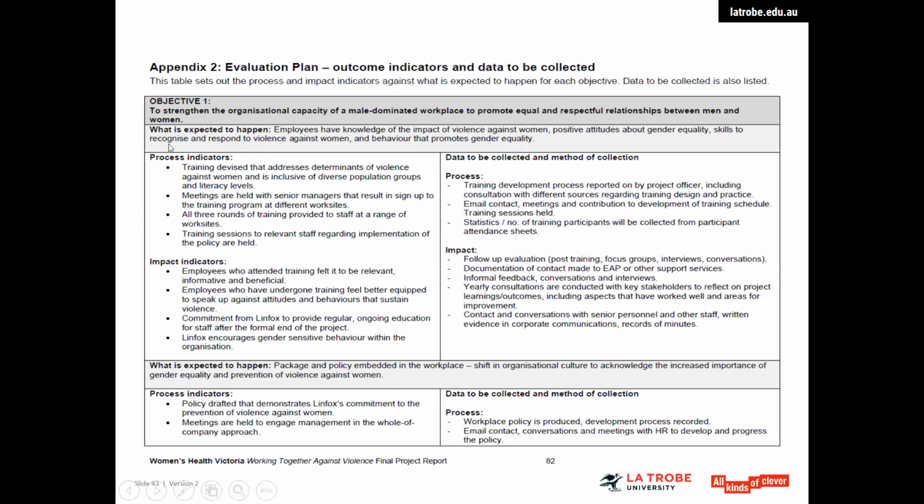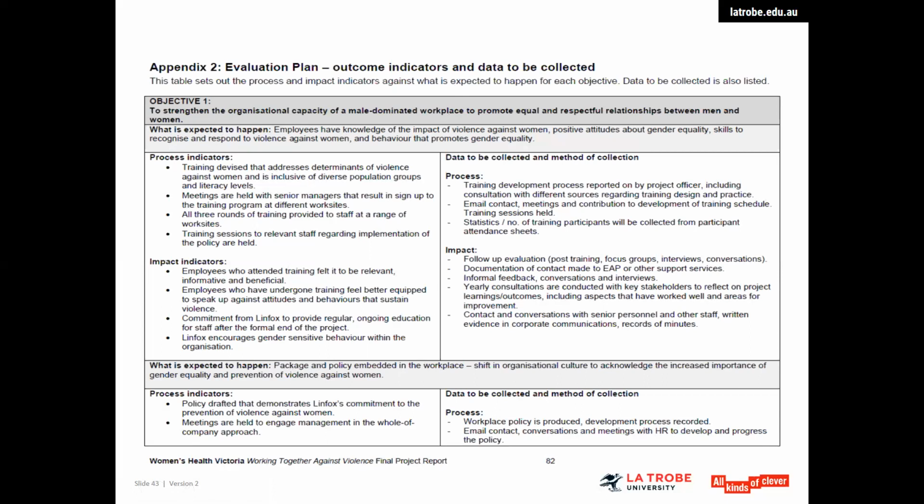This here is in relation to their strategies. You can see that for one objective, and this goes on for a few pages, and you can certainly go and have a look at the actual document, they've got a process evaluation for each of their strategies in order to achieve that particular objective. I would go back and have a look at the original document.